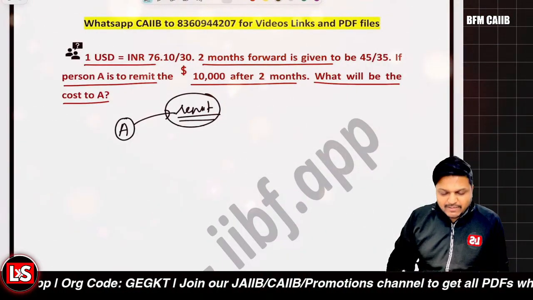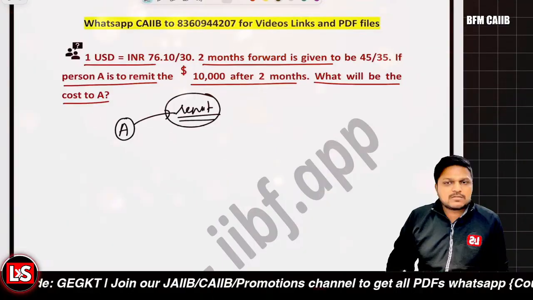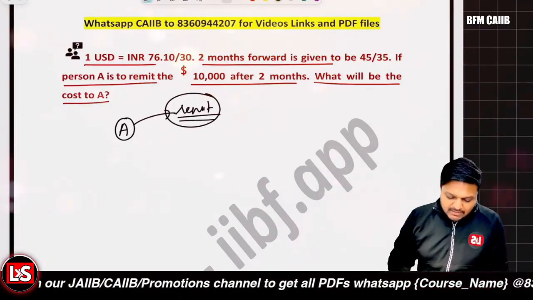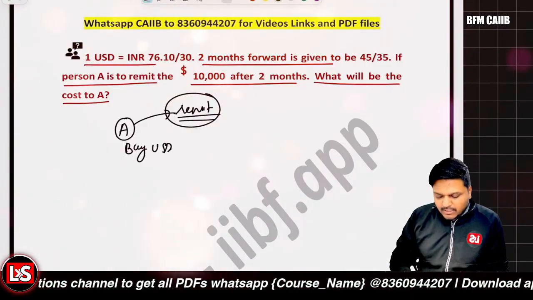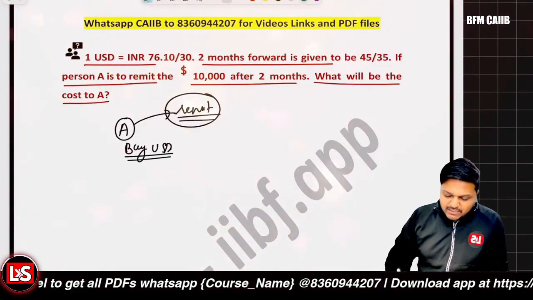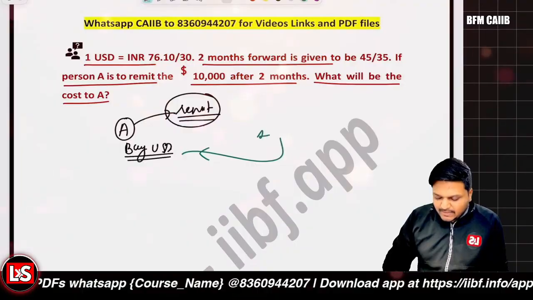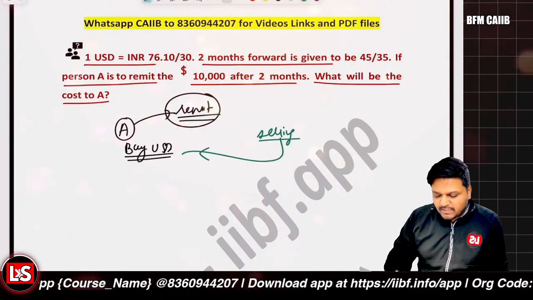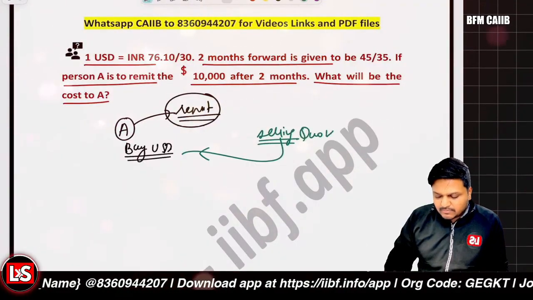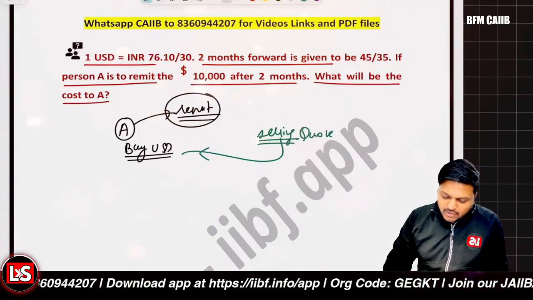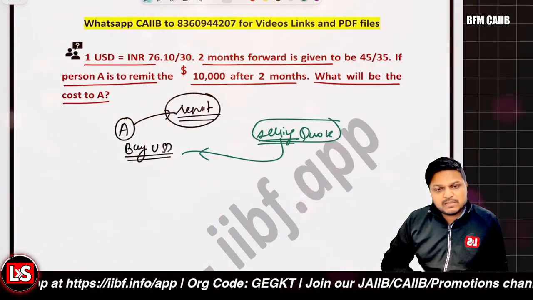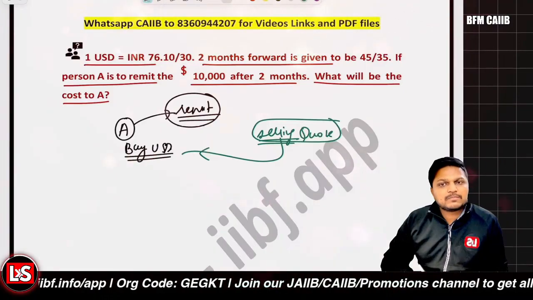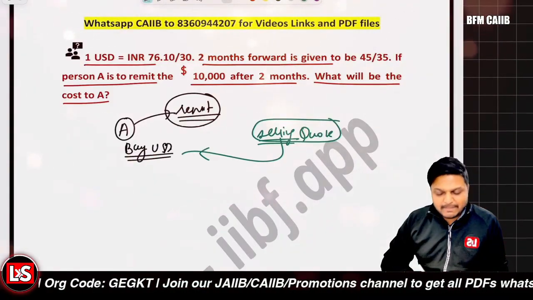So definitely the bills rate would be applicable, right? And A wants to remit, which means A wants to buy the USDs. Now A will be able to buy the USDs at the price the bank quotes, which is the selling quote. So it is a bills selling rate which will be applicable.